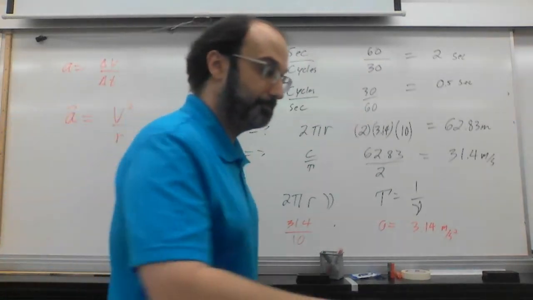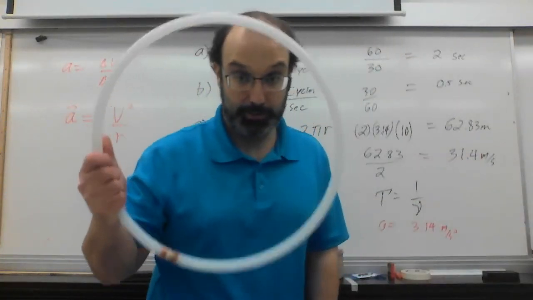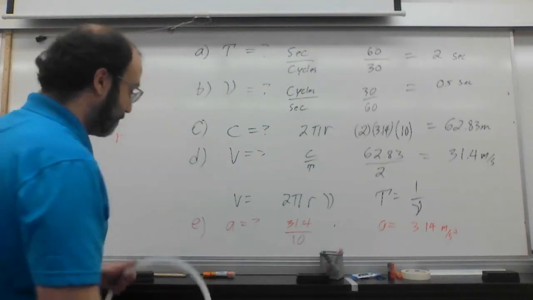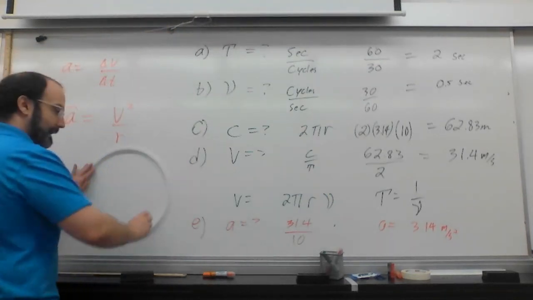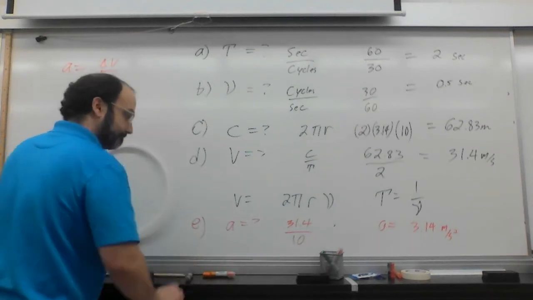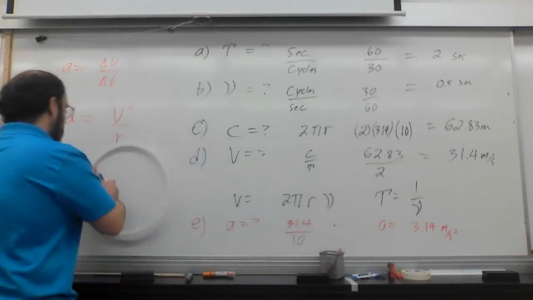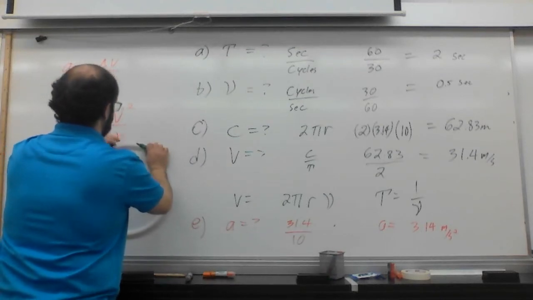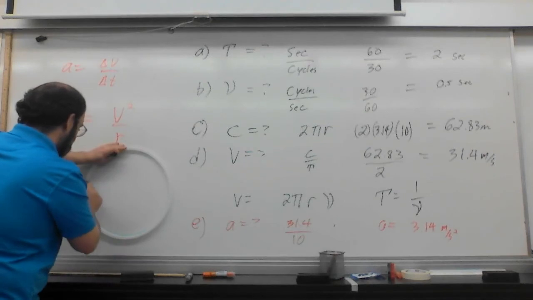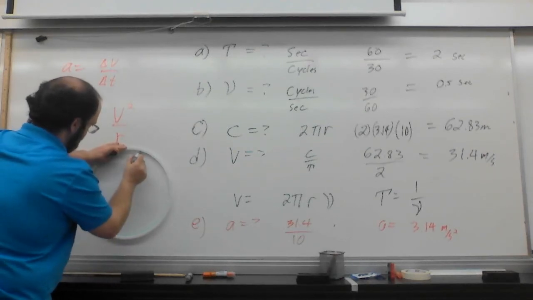Because again, it's a circle. And this is the thing that I want to stress here. It is a circle, so it does circle things, which means all circles behave the same.